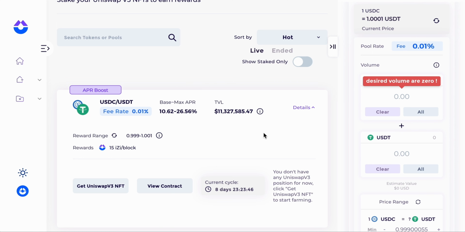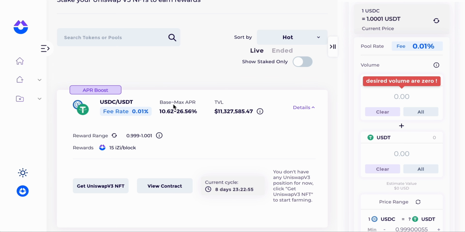Therefore, users can obtain high liquidity reward and subsidies from Izumi Finance by staking their own Uniswap V3 NFT, which is undoubtedly very attractive for liquidity providers who provide liquidity on Uniswap V3, especially in the stablecoin part. We know right now if you provide liquidity on Uniswap V3, you can get two incomes.